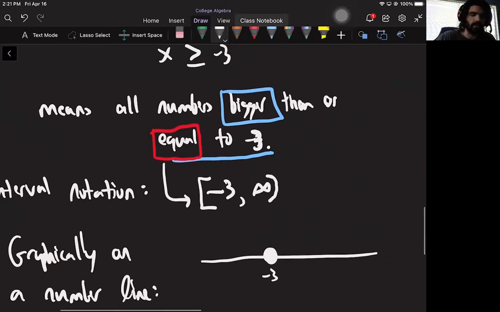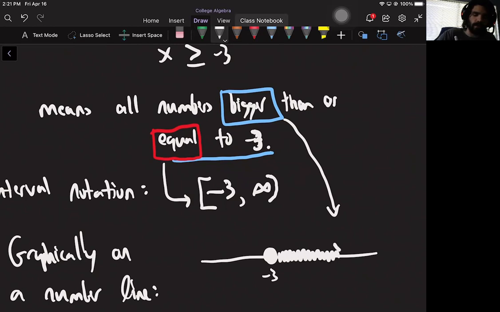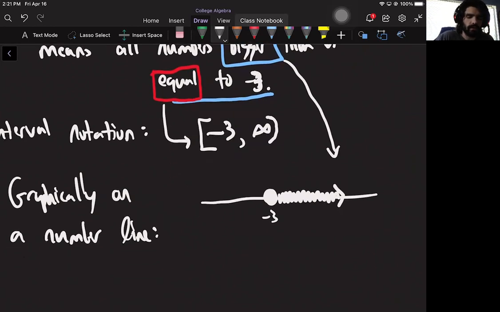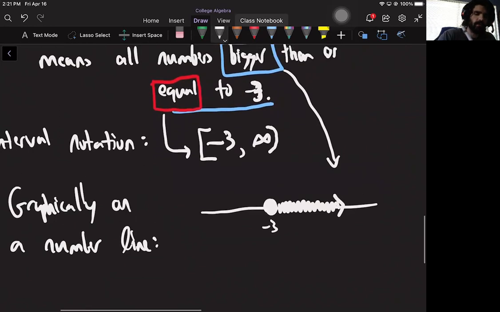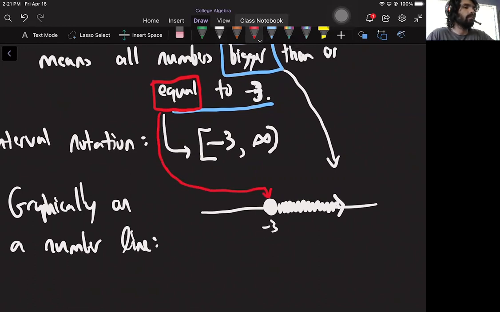Because I want all the numbers bigger than it, that means to the right, so I shade the right side. And then maybe I draw a little arrow to indicate it keeps going. We'll see lots of examples to get used to this. And if it wasn't for this equal sign, then this would not be bubbled in. So we'll see an example of that right now.